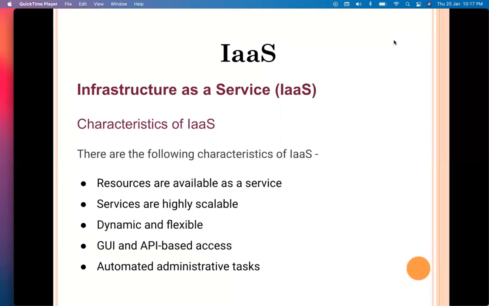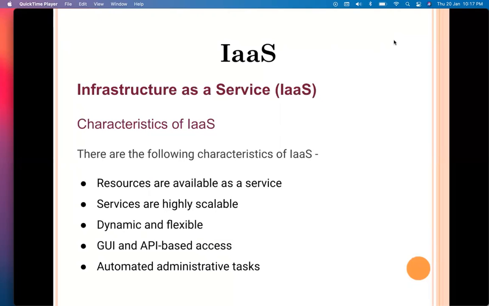Customers access those resources on the internet using a pay-as-per-use model. It means these resources are available like a service over the internet.